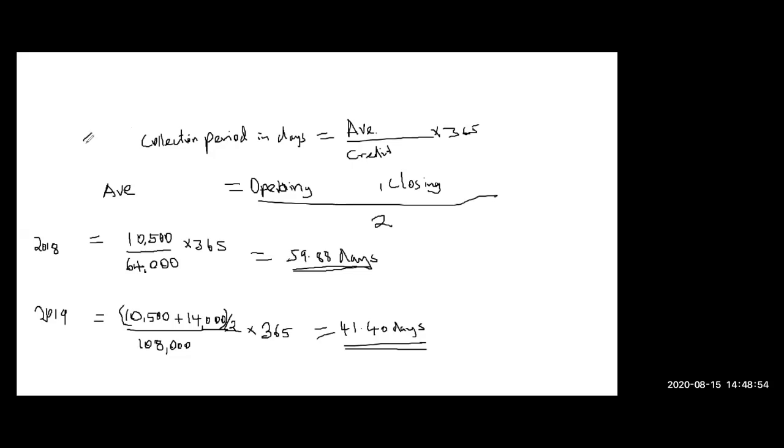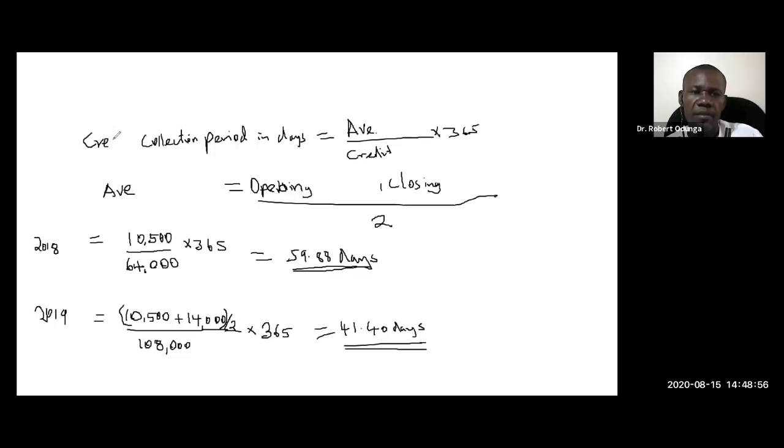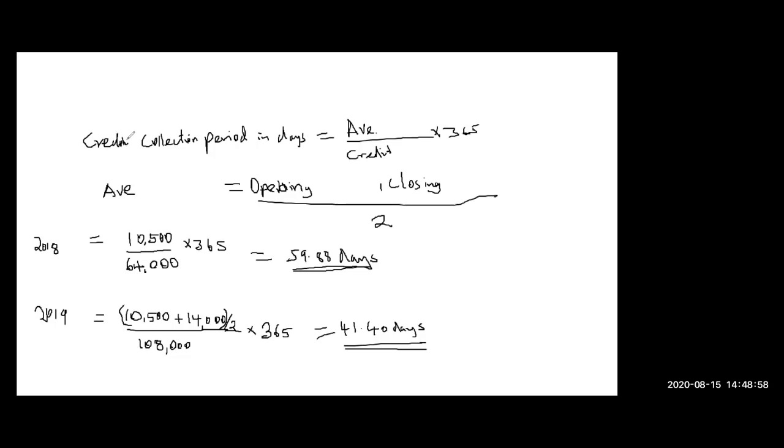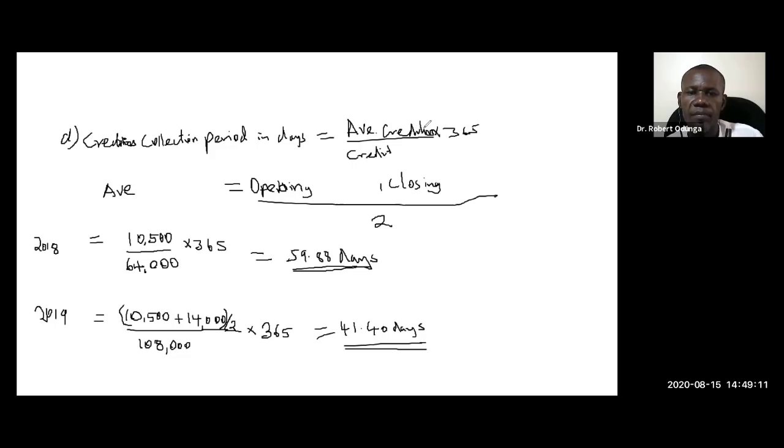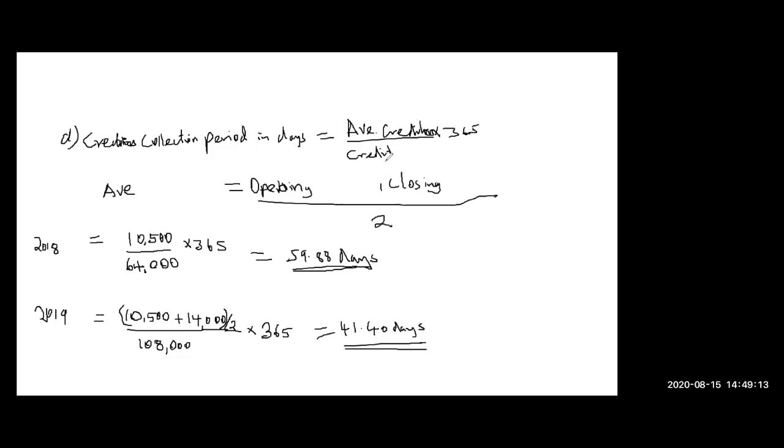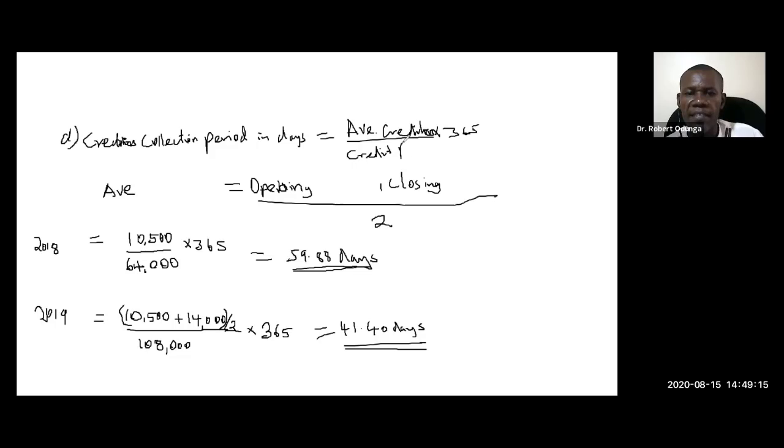So creditors payment period in days is average creditors over credit purchases.